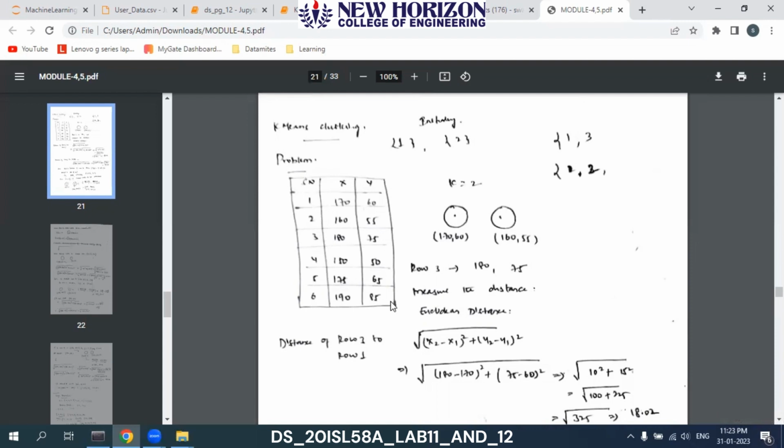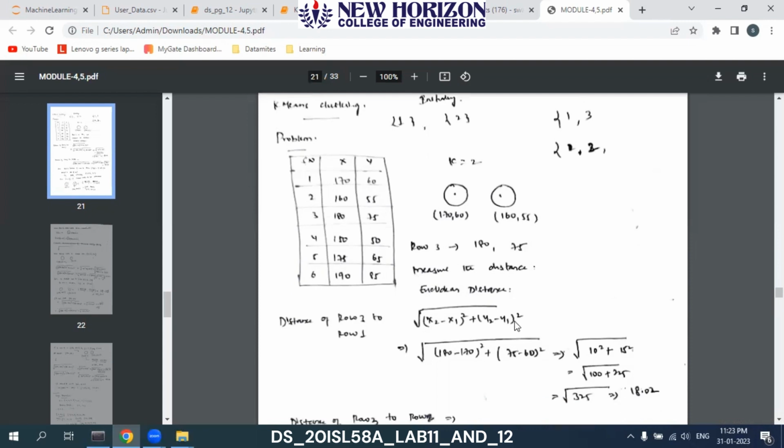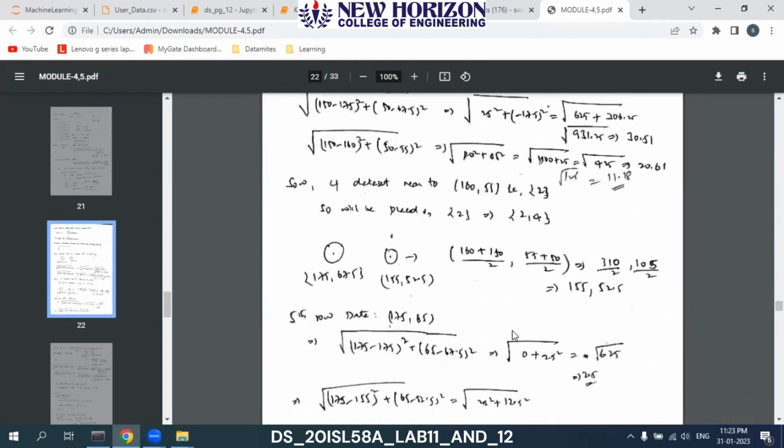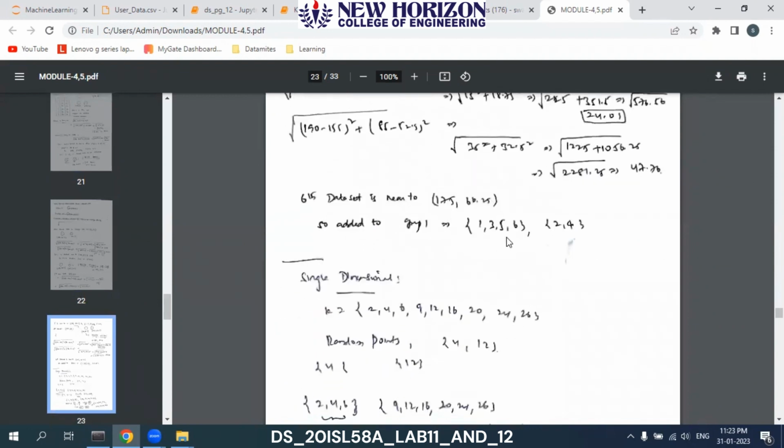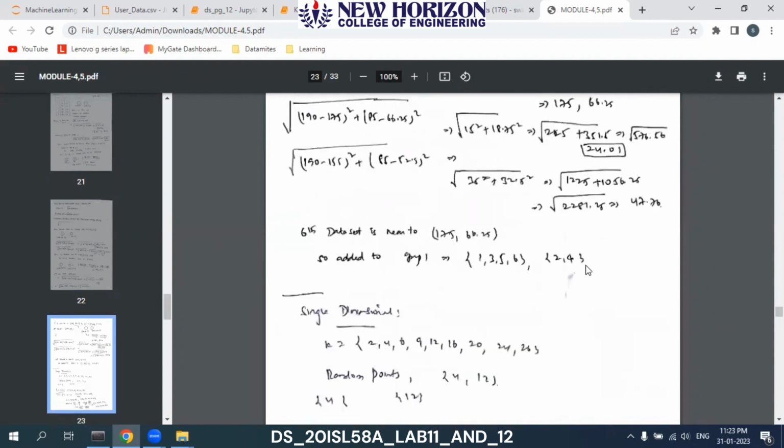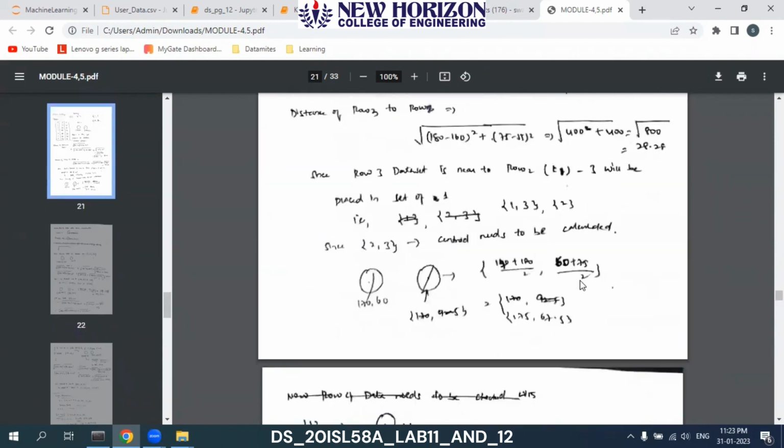Finally, what does k-means clustering result in? Out of these six points, we randomly chose two clusters. Which points belong to cluster 1 and which belong to cluster 2? That is what k-means clustering does. Here 1, 3, 5, 6 belong to one cluster and 2, 4 belong to the next cluster.